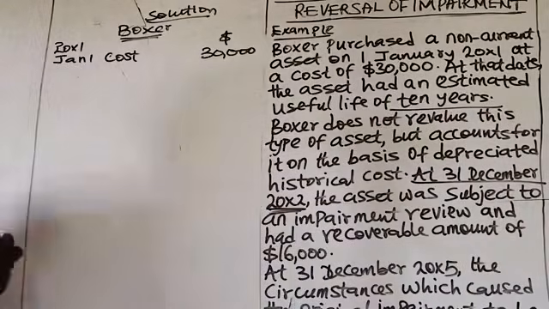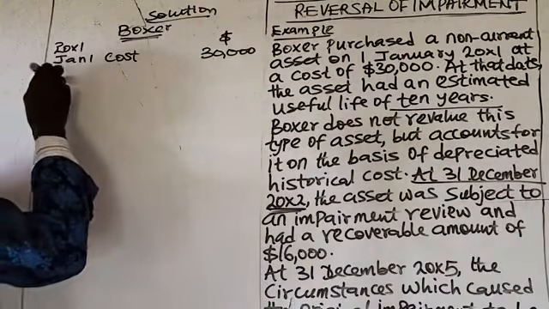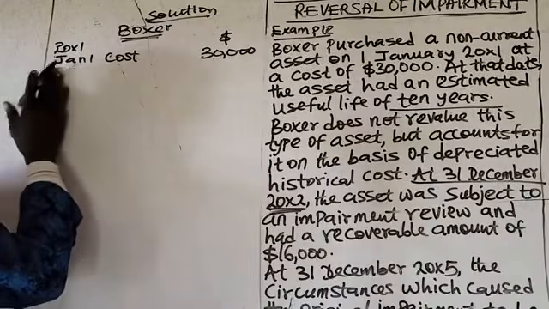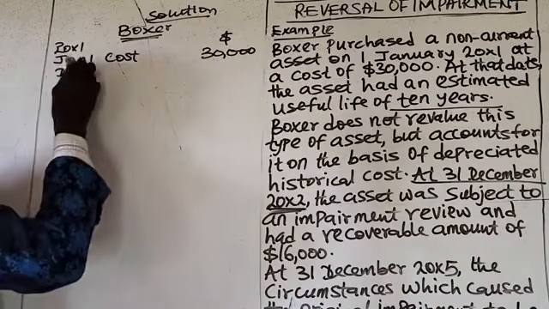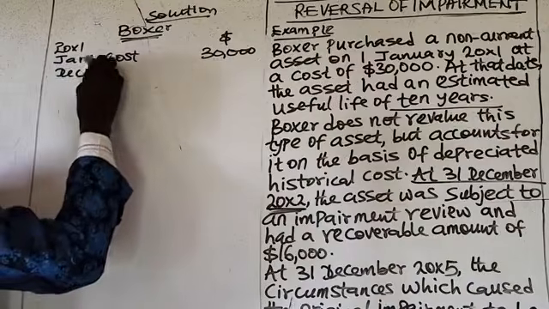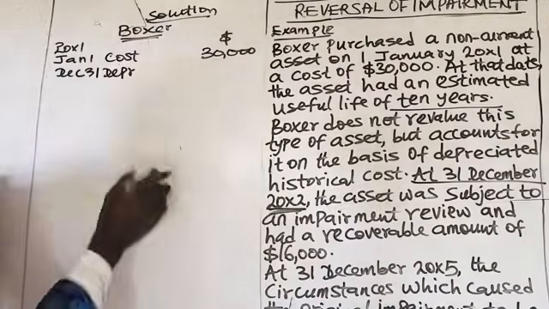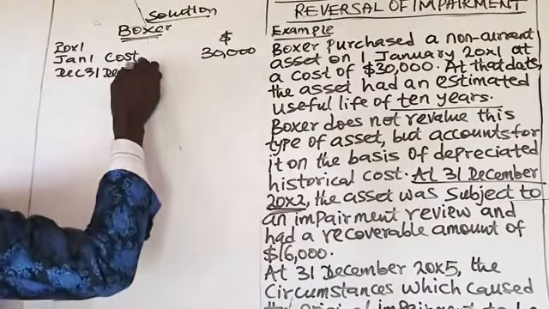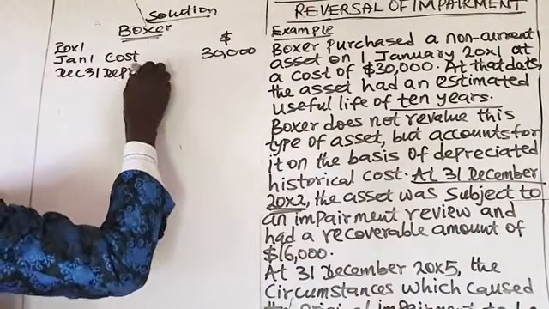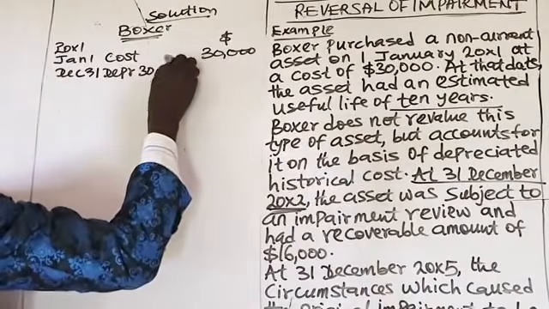So we have 20X2 now. Let me calculate depreciation on a yearly basis. By December 31st, 20X1, you have depreciation. We were told it has an estimated useful life of 10 years. So we had depreciation of 30,000 divided by 10.